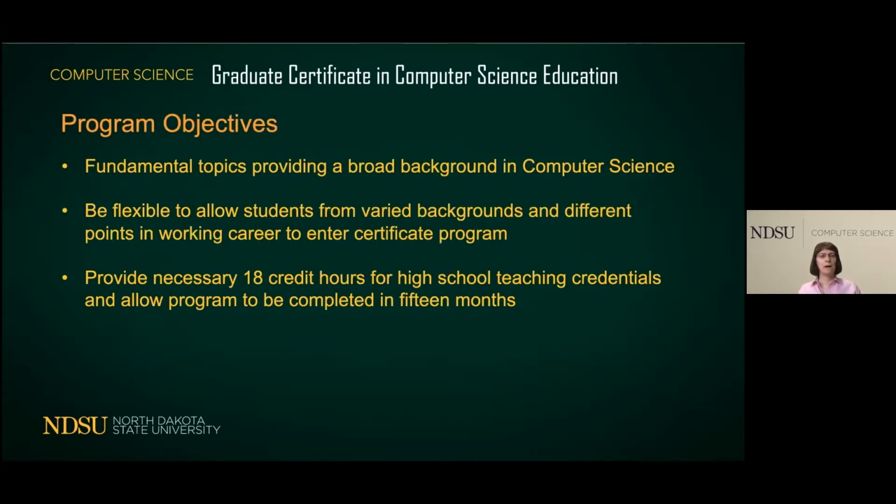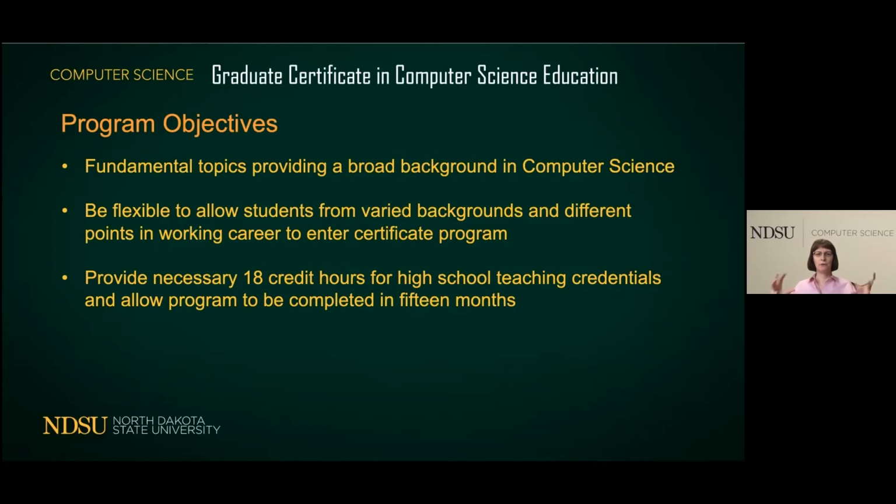So the objectives that we have are providing a fundamental overview of the topics, basically providing a broad background in computer science. Also, one of the objectives is to be flexible and allow students from varied backgrounds and different points in their working career to enter our certificate program.